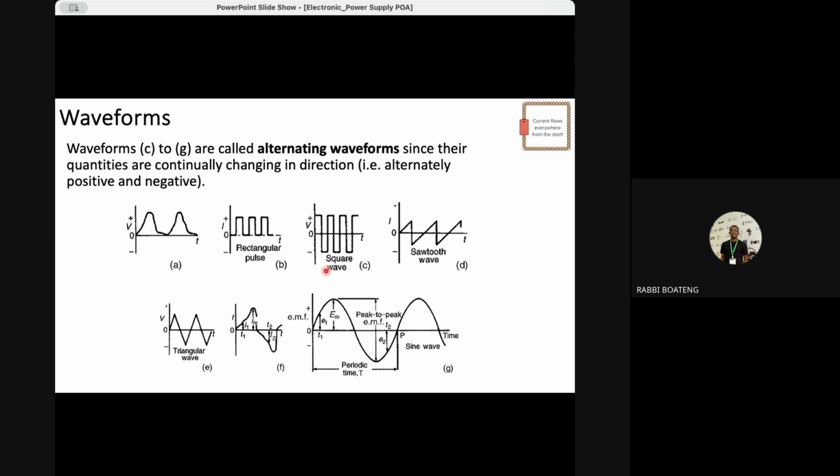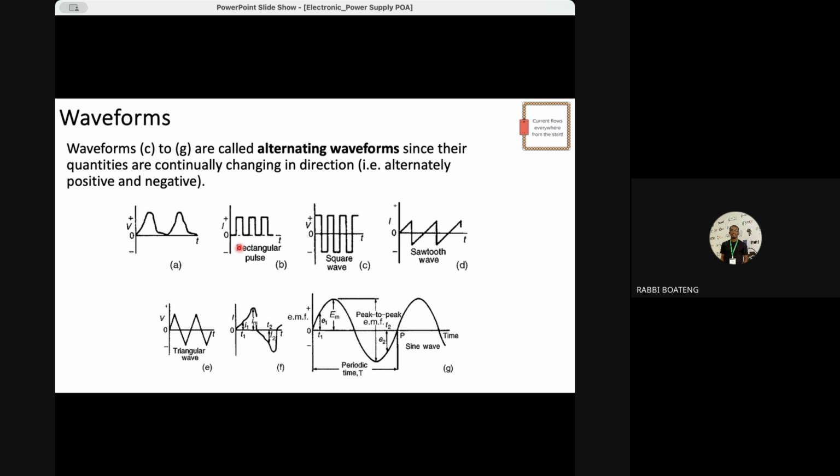If we have a positive and a negative extended on that waveform, we call it an alternating waveform. If it's only one direction, we call it a unidirectional waveform. The one direction can be only positive, or likewise only negative. So please let's note that.